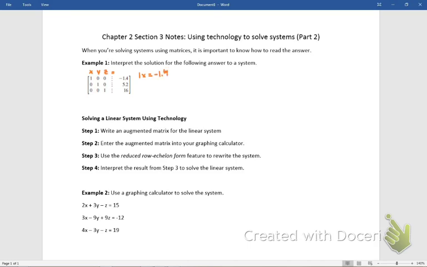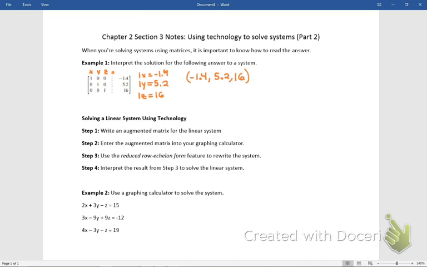We would also have 0x plus 1y plus 0z equals 5.2. And then in the last row, 0x, 0y, 1z equals 16, which means that if I were to write that as an ordered triple, we would have negative 1.4, 5.2, 16. So that's how you read an answer.